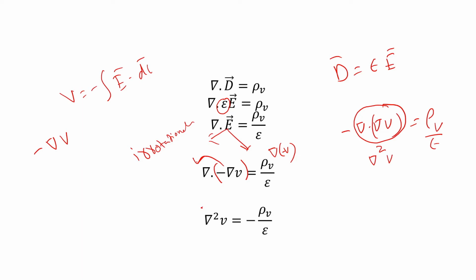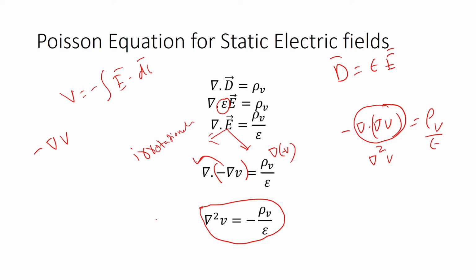So the Laplacian of the scalar potential is equal to minus rho v by epsilon. This equation is called Poisson's equation for static electric fields.